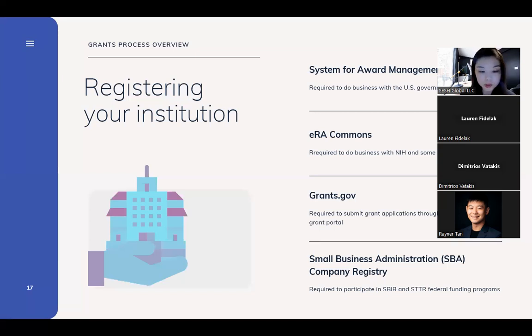And the individuals authorized to legally sign off on and submit a grant application will need a Grants.gov user account with an organization applicant profile. And last, the Small Business Administration Company Registry. I think this one is required for people who participate in Small Business Innovation Research and Small Business Technology Transfer federal funding programs.